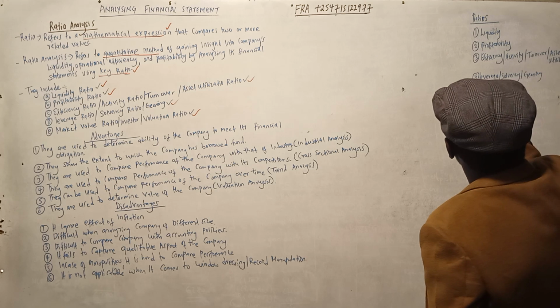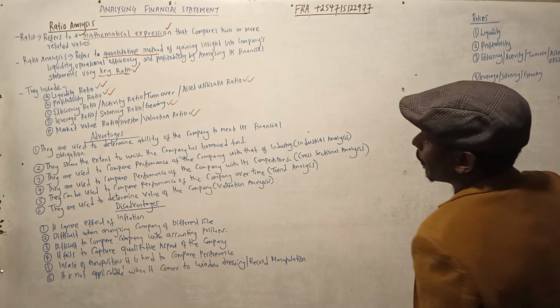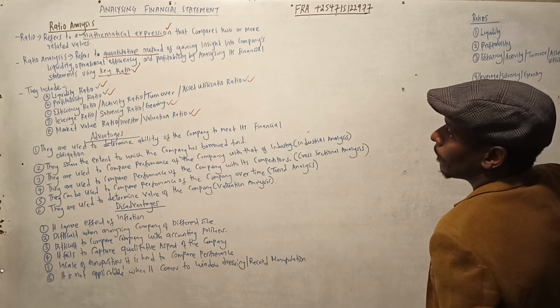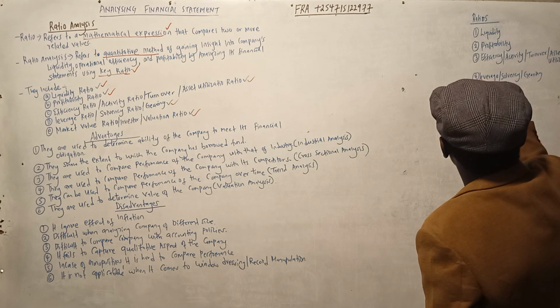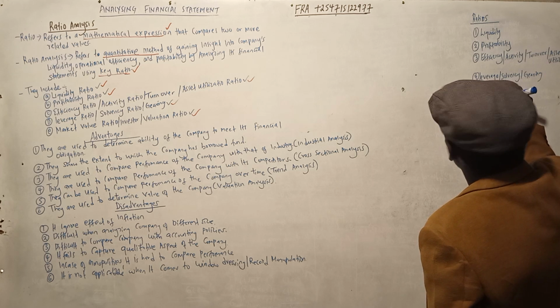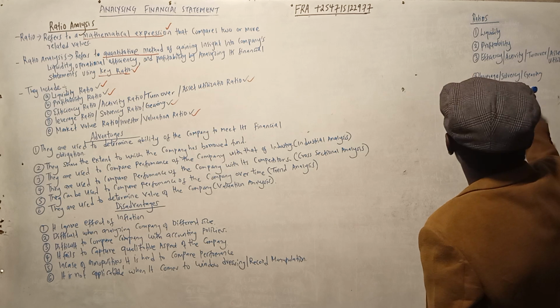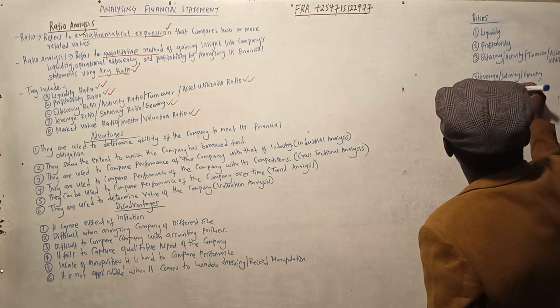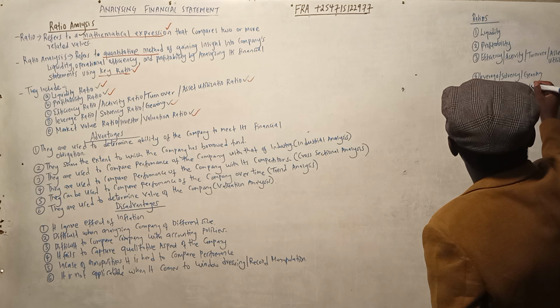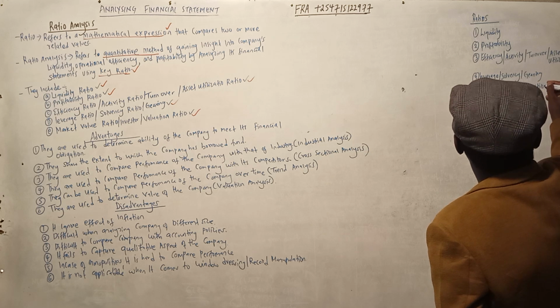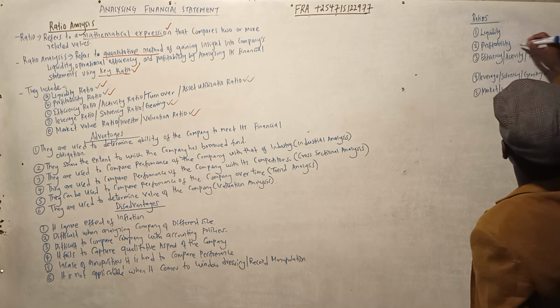We just call it the gearing. Then we have the market ratio, market or the investor, or the valuation ratio. So these are the ratios.